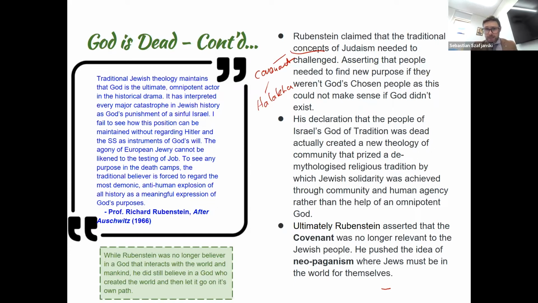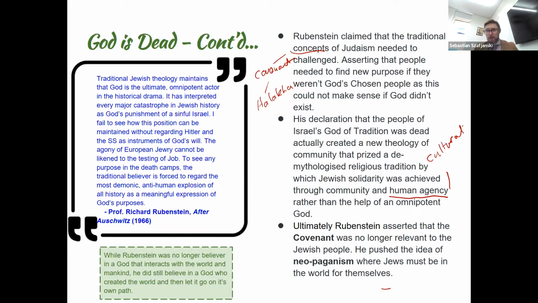And as we move on, his declaration that the people of Israel's God of tradition was dead actually created a new theology that demythologized, or sort of took away the mythology of, the religious tradition of Judaism, and where Jewish solidarity, or the idea of Judaism, became more of a human agency. It became cultural rather than religious.